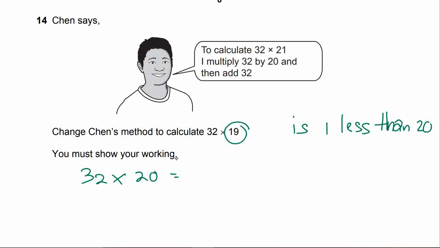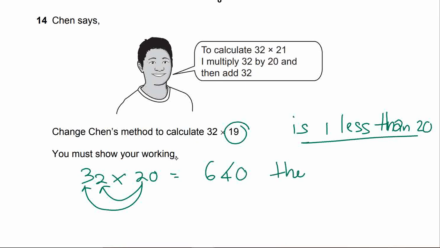So first we do 32 times 20. 2 times 2 is 4, 2 times 3 is 6, and we add a 0, which gives 640. Because 19 is 1 less than 20, instead of adding we subtract 1 unit of 32.